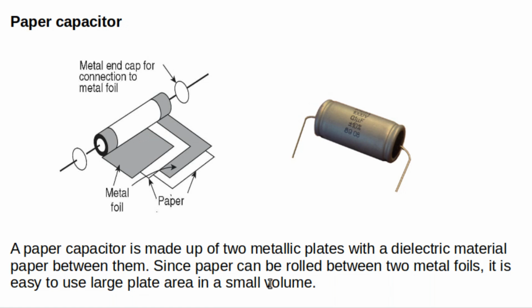So the capacitor will look small, but inside it there is a very large plate area. So this method of rolling of metal foils will help us to achieve a very large plate area in a small volume. This will help us to increase the capacitance of the capacitor also.